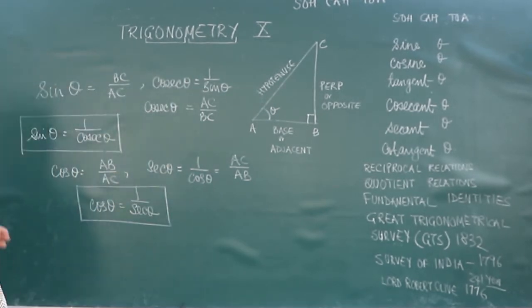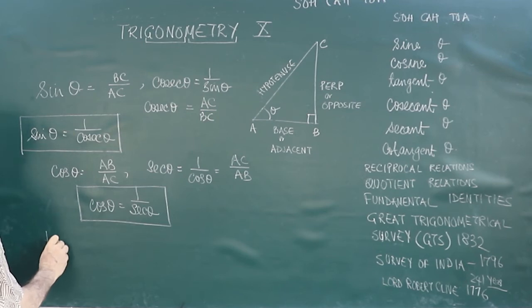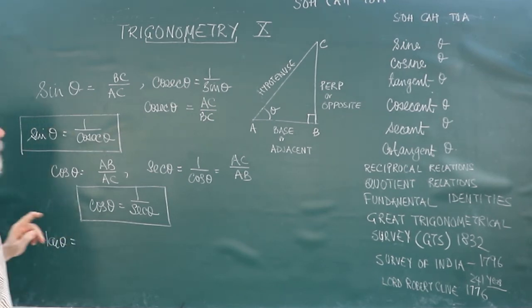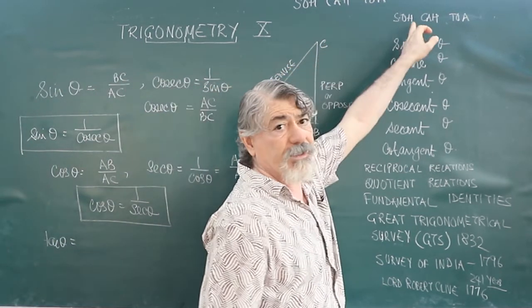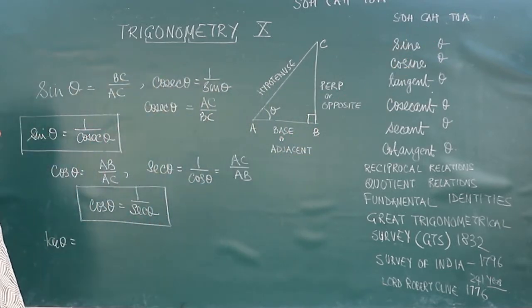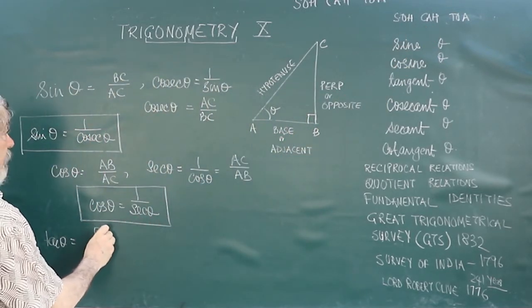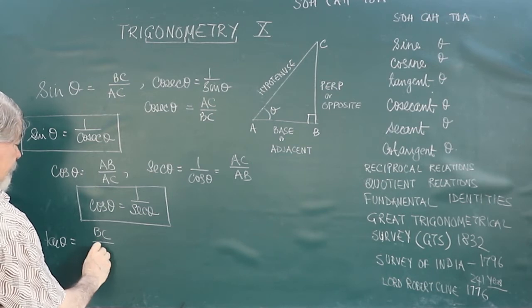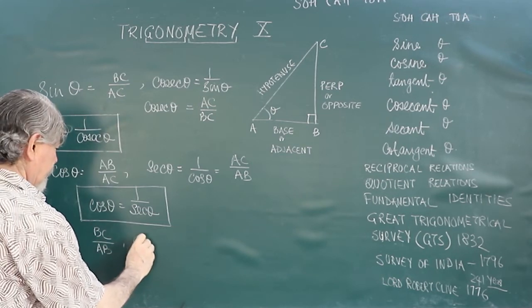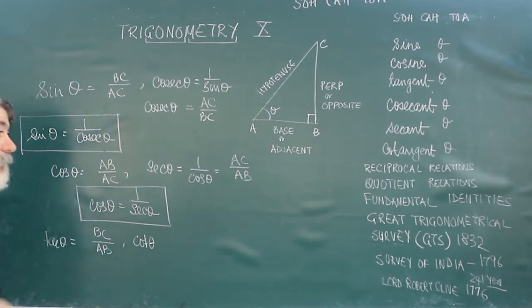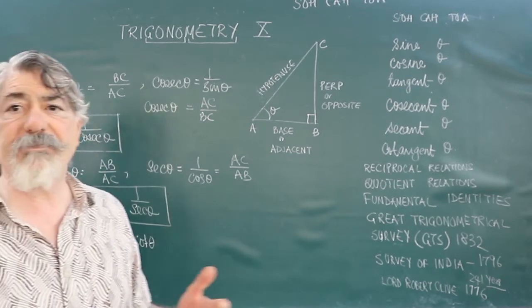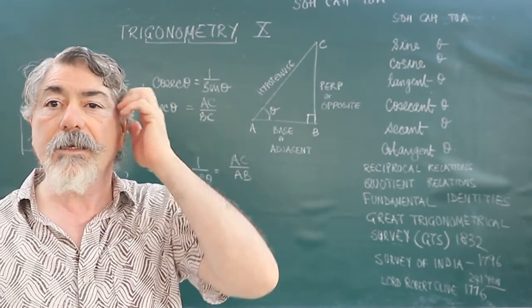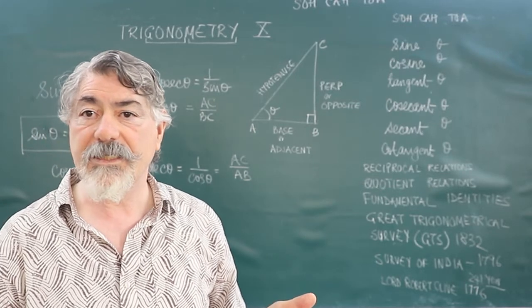Similarly when we talk of tan theta, it is TOA, opposite upon adjacent, BC upon AB. And cot theta, which is normally cotangent theta, but we are always going to write it as cot theta, not as cotangent theta every time.